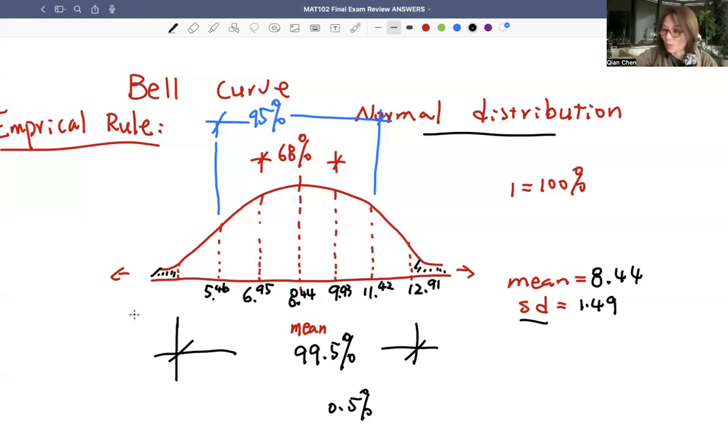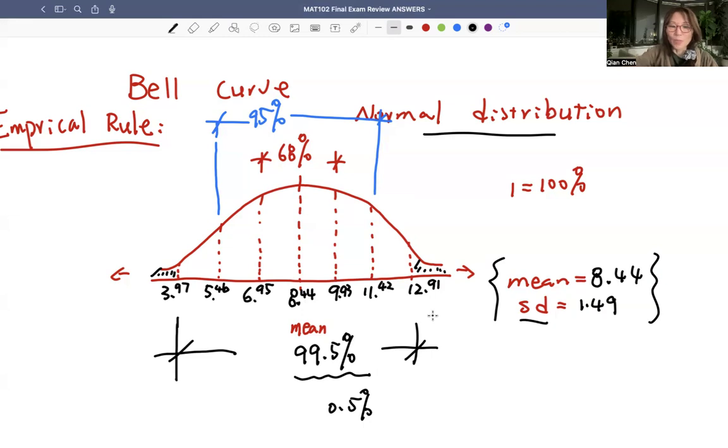So 5.46 minus 1.49, I get 3.97. So what does this tell us? For this set of data with a mean of 8.44 and standard deviation 1.49, 99.5% of the data sits in between 3.97 and 12.91.